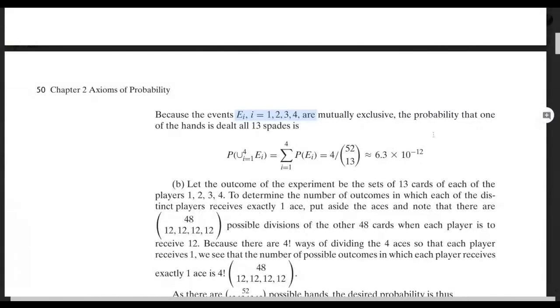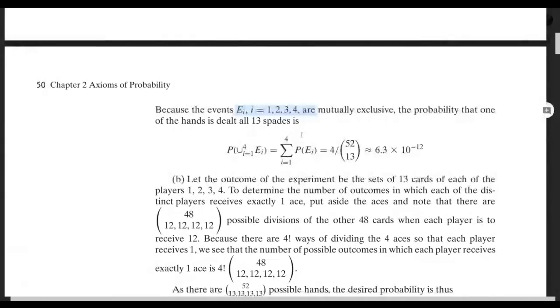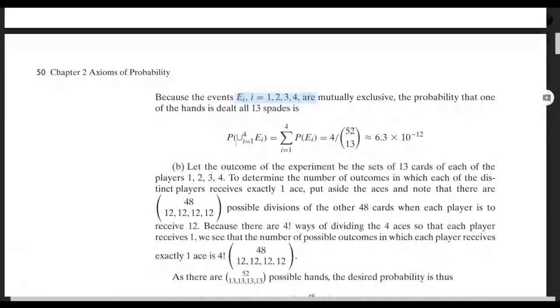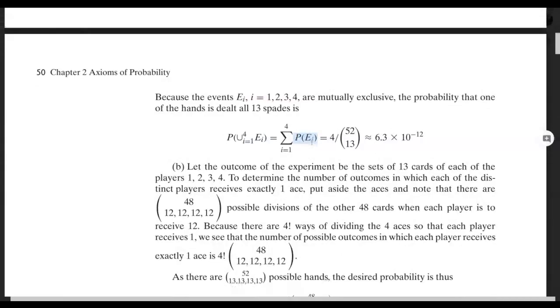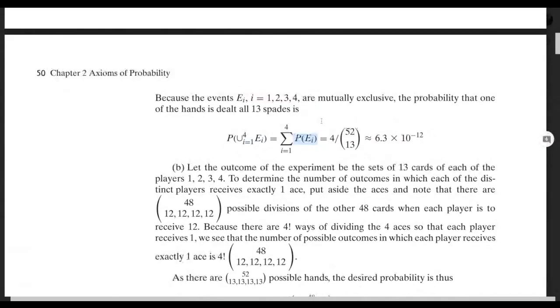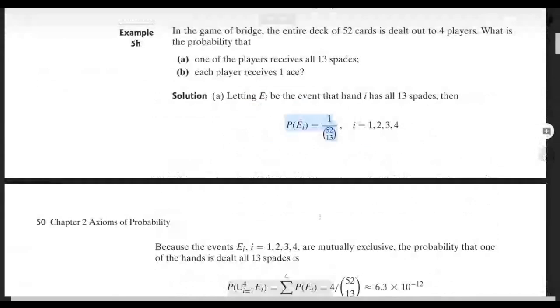So the probability that one of the hands is dealt all 13 spades is the probability of the union of all those 4 events, and it's just the probability of one multiplied by 4. So it adds up all those 4, i goes from 1 to 4, probability of E_i. Remember the probability of E_i is this, right?